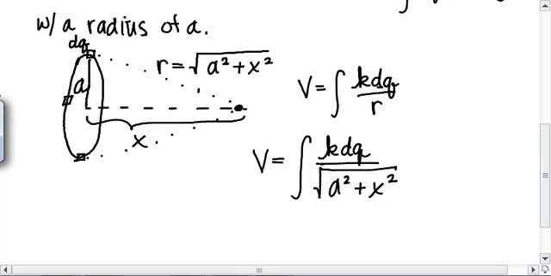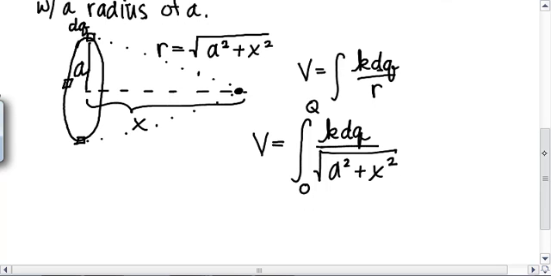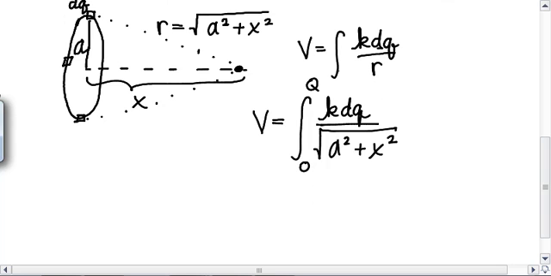Now the cool thing about dq in this type of problem is that it's exactly the same no matter where you are. So we don't need to substitute in for a dq value at this point. We can just sum it up from no charge to all the charge. This does not change, it's not varying.